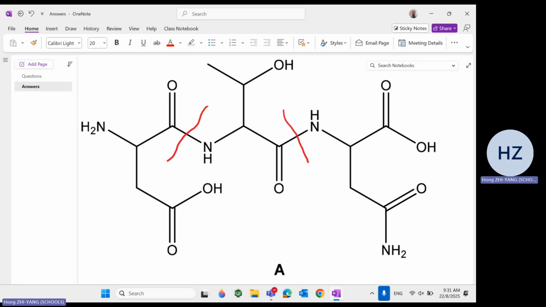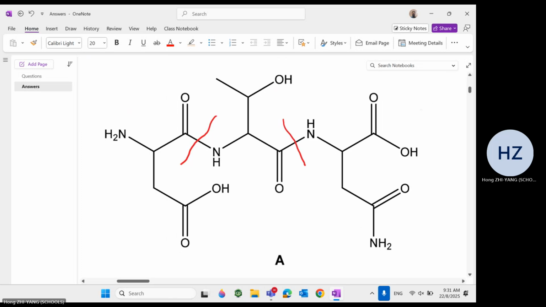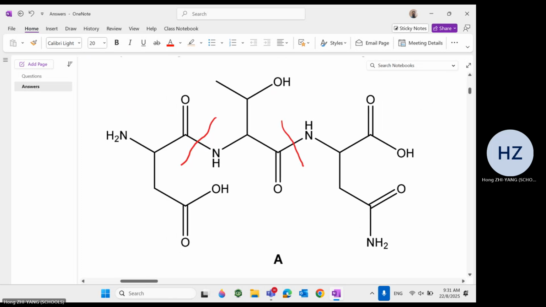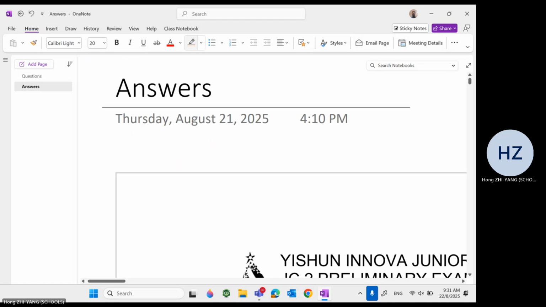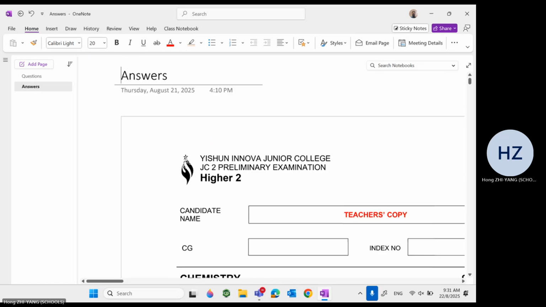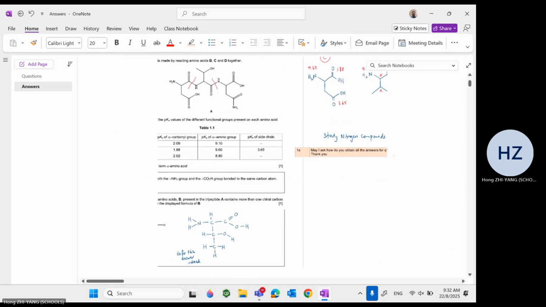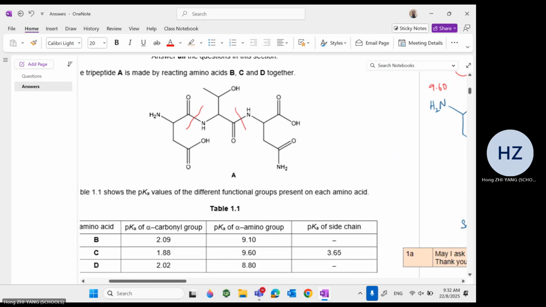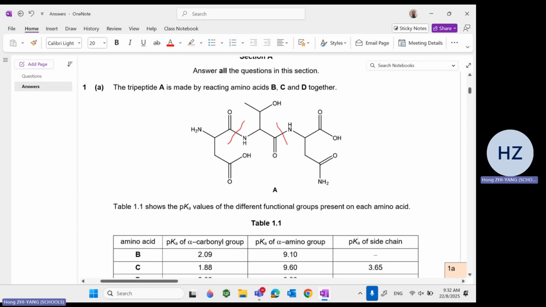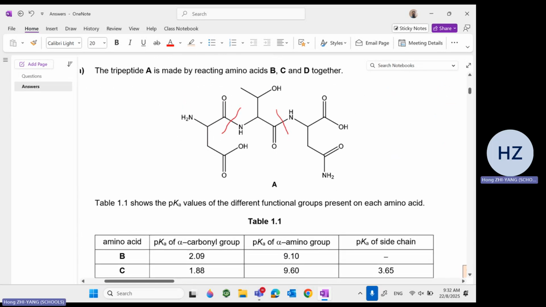Then I will answer the second query just now: how do I know the predominant species for this? There is a pretty good chance that this program today will keep jumping around, so pardon that.